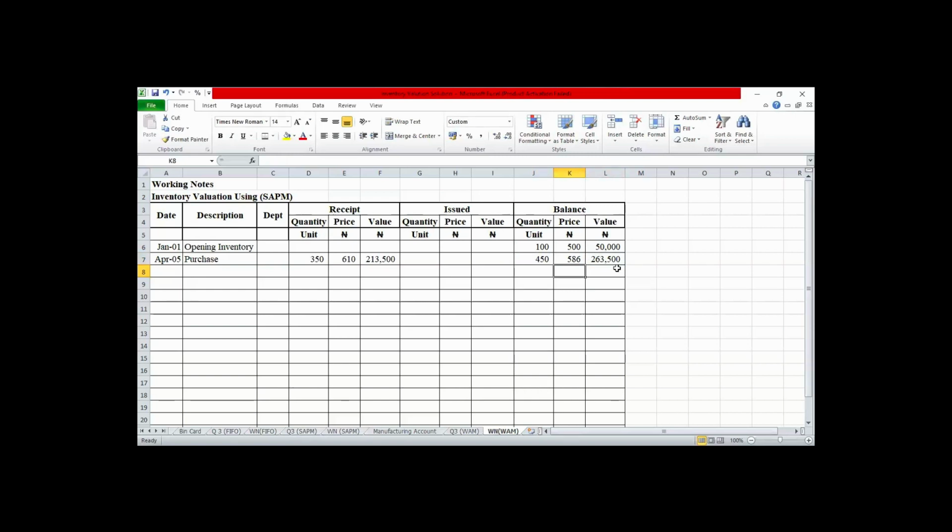The balance of your quantity is 450. Yes, sir. This is the formula: weighted average method is equal to value divided by quantity. That's the formula. At any point in time that we are buying another quantity in, we need to get another new price. That's all. Is it clear? Yes, sir. Okay. Can we go next?